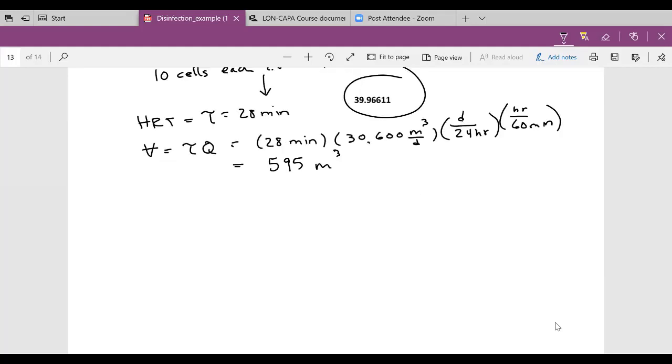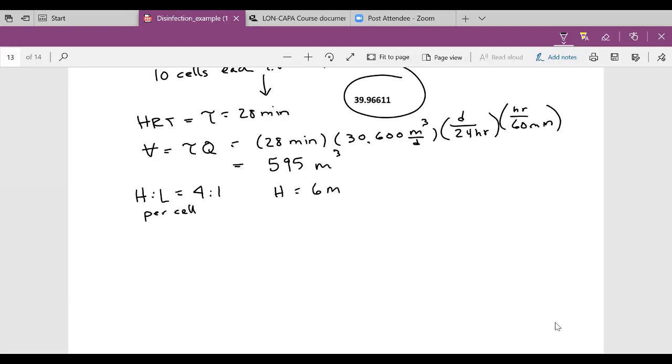Now, so we've got the volume. Now, in order to size it, according to the textbook, the height to length ratio per cell should be equal to 4 to 1. So we'll let the height equal 6 meters.